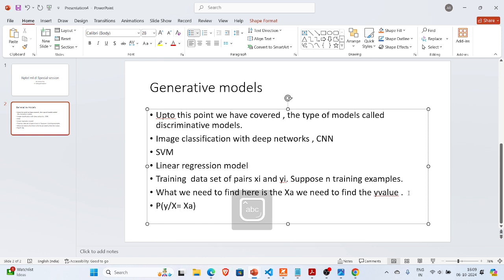In the probabilistic setting, we need to find the conditional distribution of Y, a random variable, given x equals a specific value of x. It can be a distribution, suppose a normal distribution.